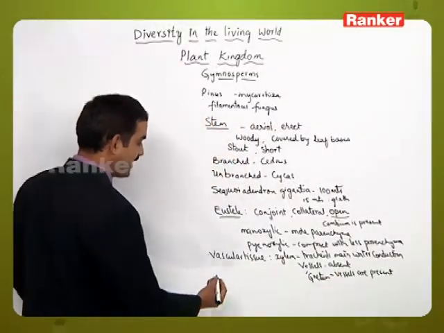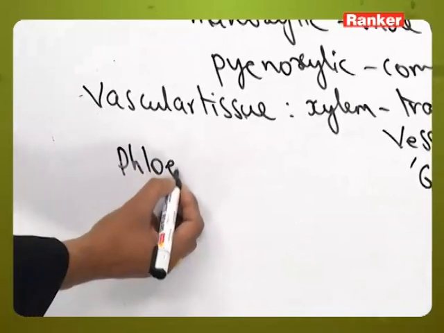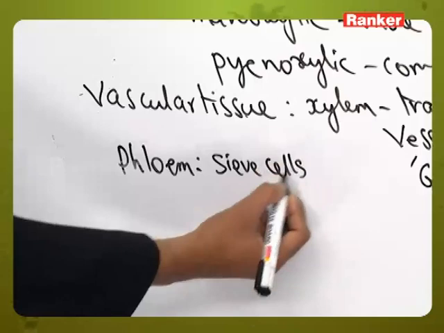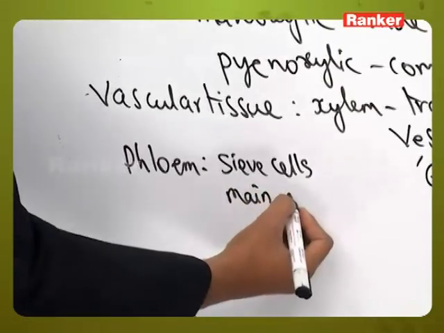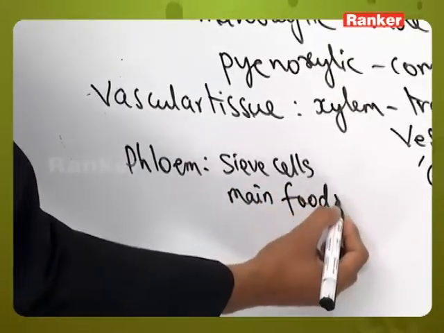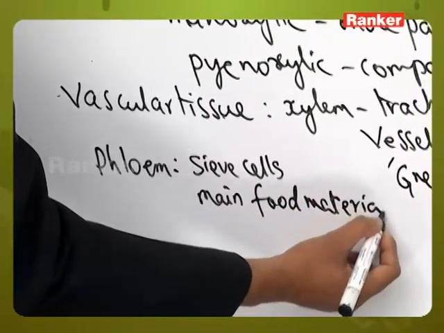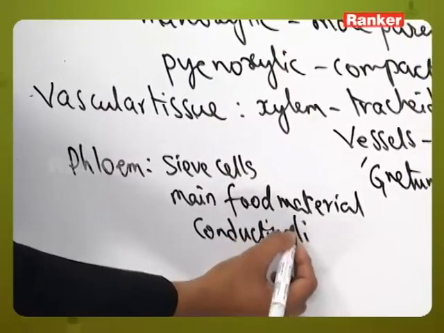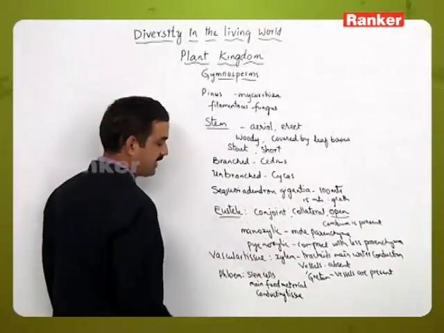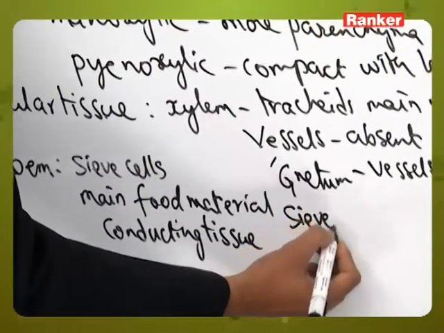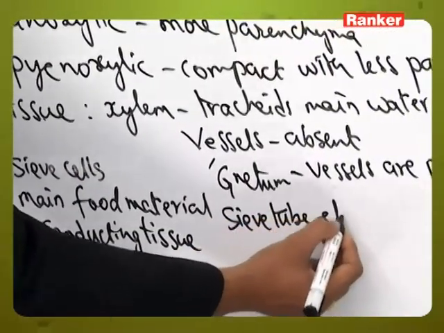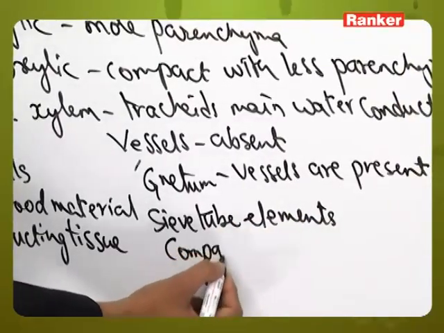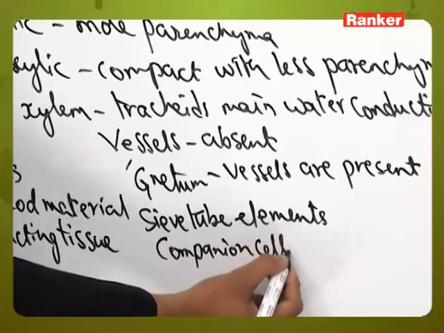And when it comes to the phloem tissue, sieve cells are the main food material conducting tissue. And in them the sieve tube elements and companion cells are absent.